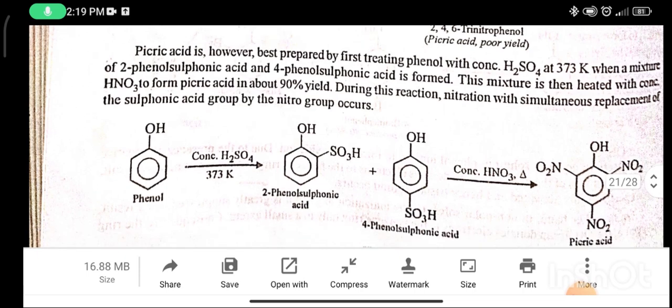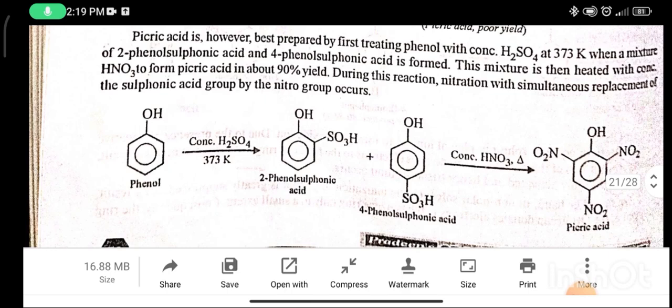The mixture is then heated with concentrated HNO3 to form picric acid in about 90% yield. During this reaction, nitration with simultaneous replacement of the sulfonic acid group by the nitro group occurs.